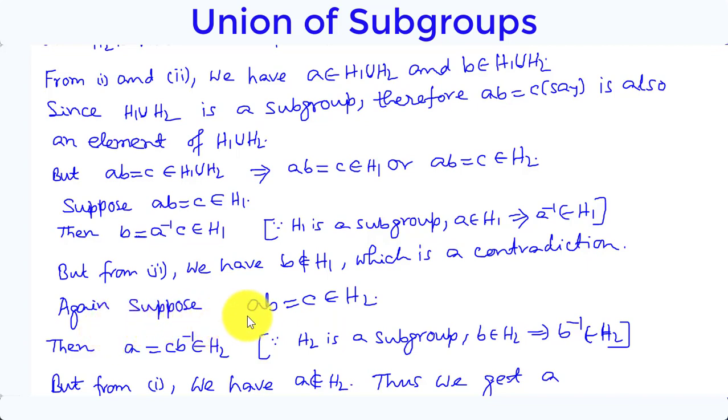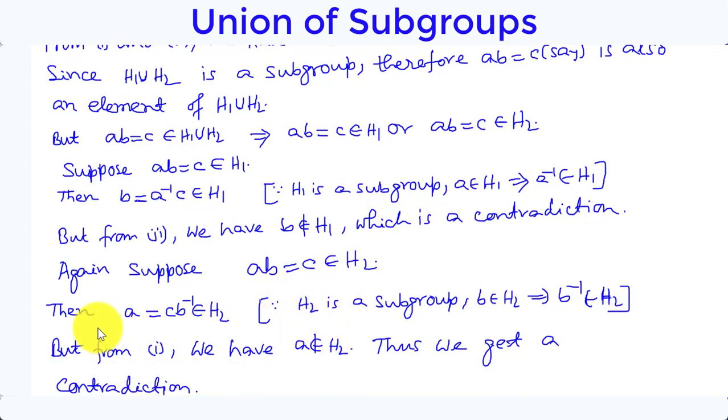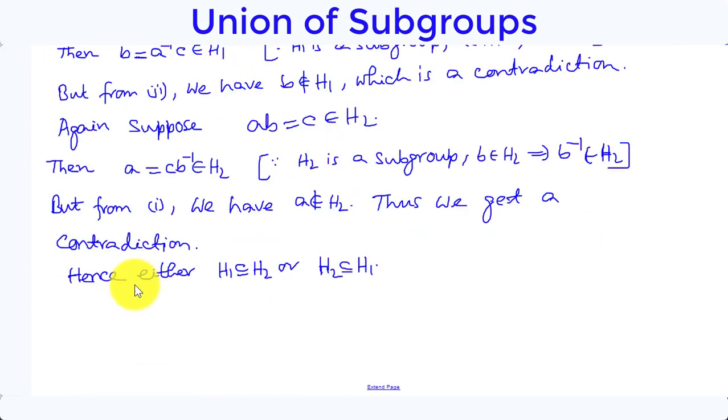Again, suppose AB is equal to C belongs to H2, then A is equal to C into B inverse belongs to H2, as H2 is a subgroup and B belongs to H2 implies that B inverse belongs to H2. But from 1 we have A does not belong to H2.